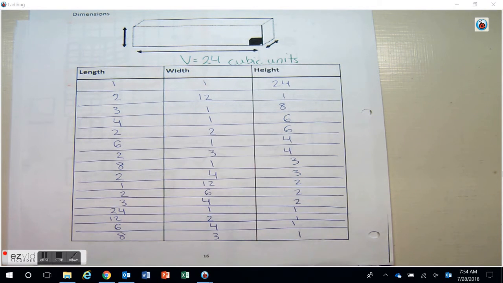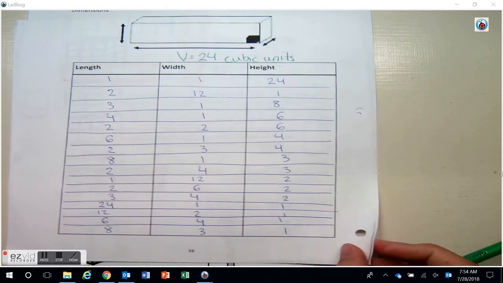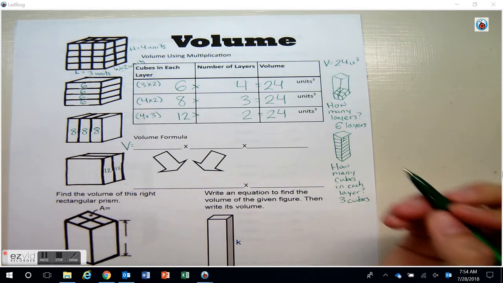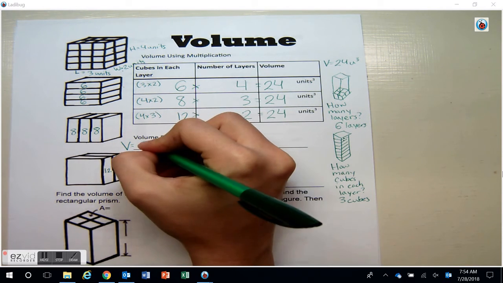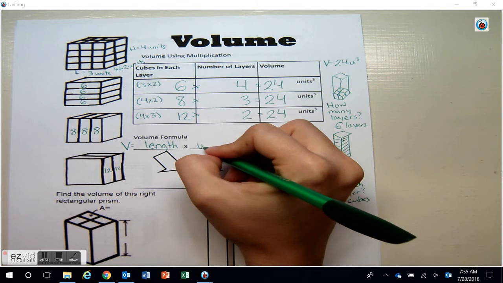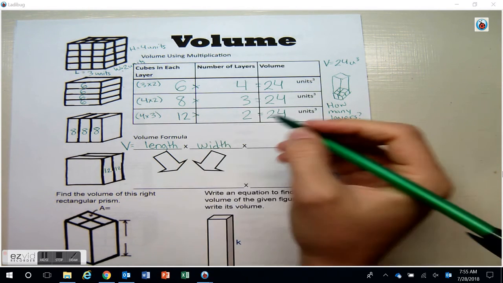How can I use these dimensions to find the volume of a right rectangular prism? Here the volume was 24 cubic units. How can I use these numbers, the dimensions of the length, width, and height, to find this volume?